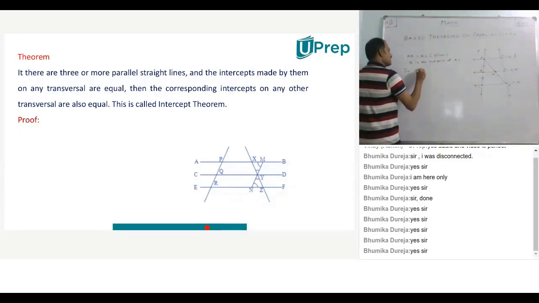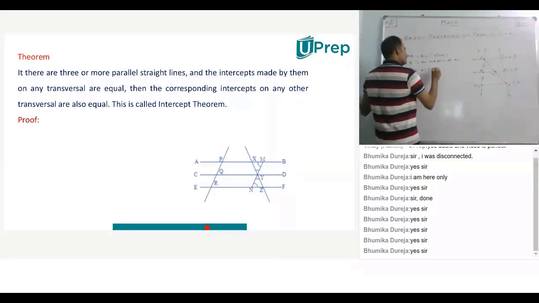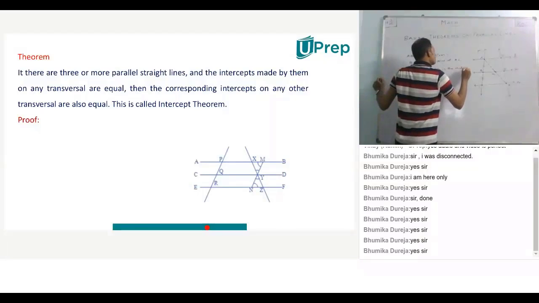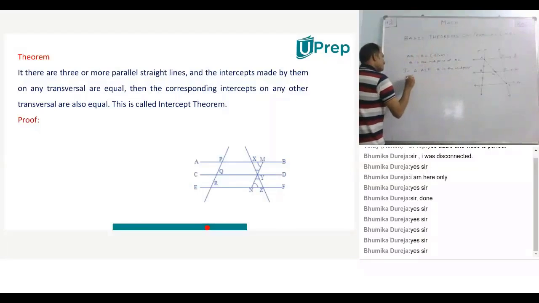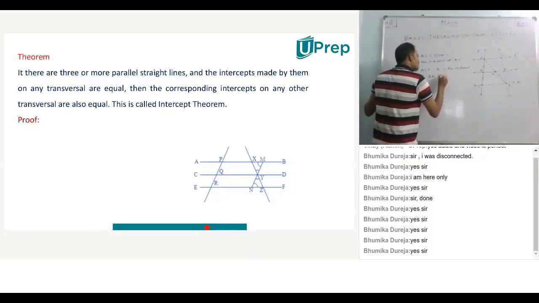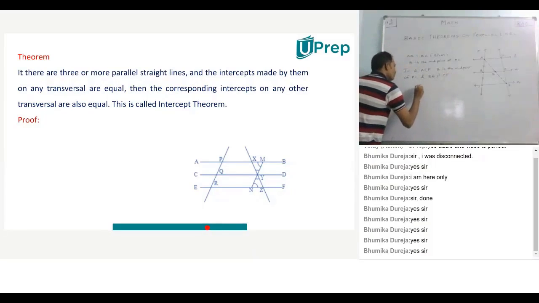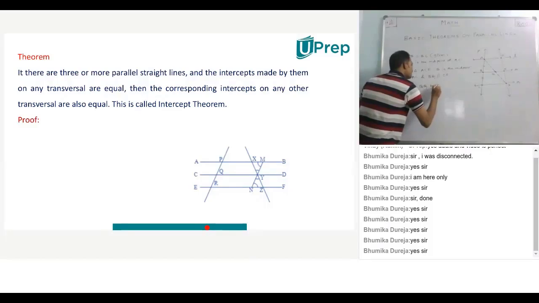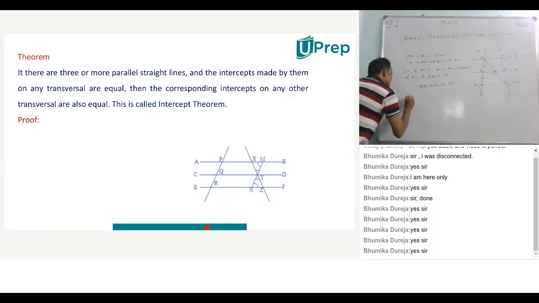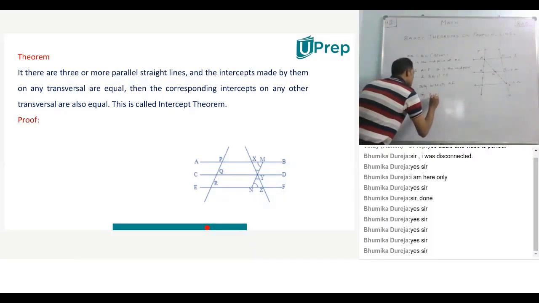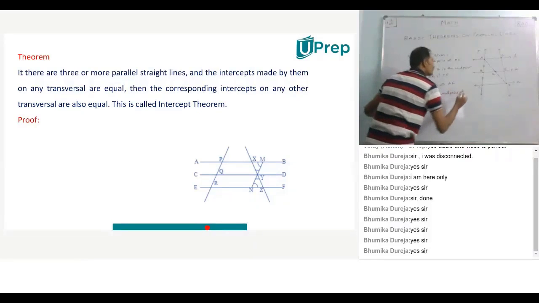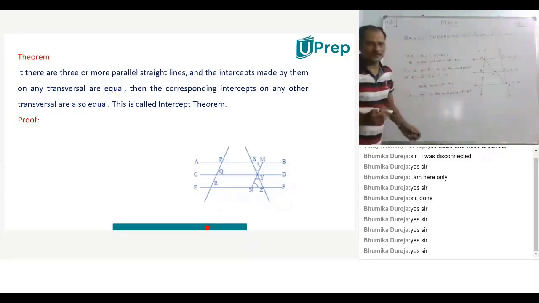In triangle ACF, B is the midpoint of AC and BG is parallel to CF. Therefore, BG bisects AF. That is, G is the midpoint of AF. Copy up to there, make it fast.